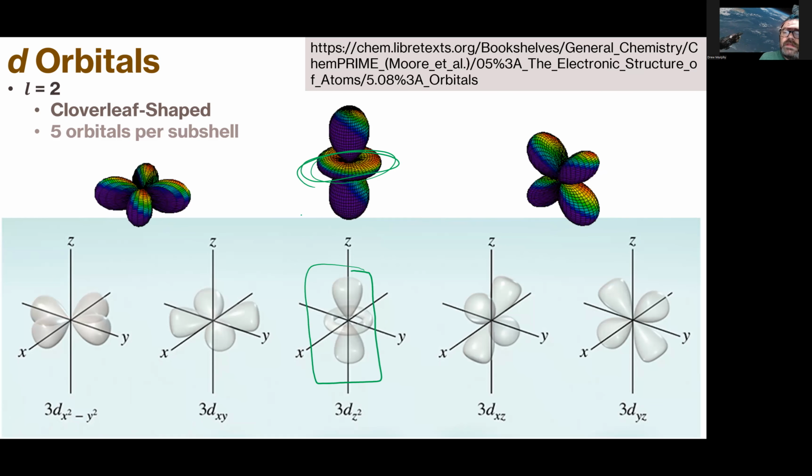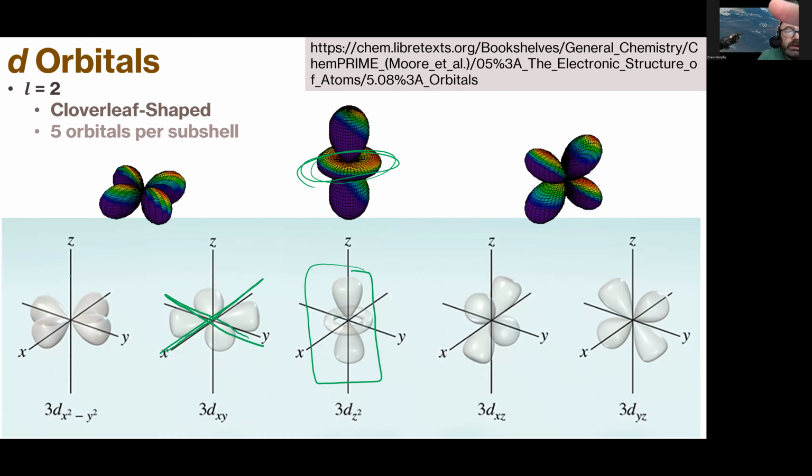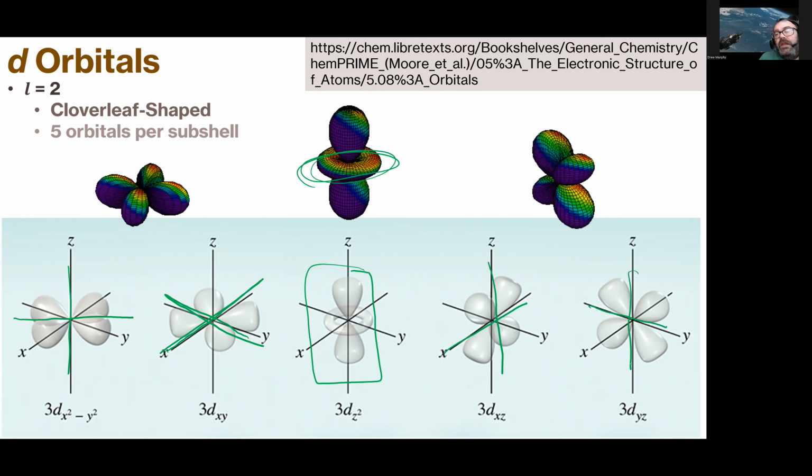For the 4 cloverleaf-looking ones, the nodes are easy to spot, because they're where the lobes are split. There's one here and here, nodes here and here, and nodes here and here. It's not too terrible.